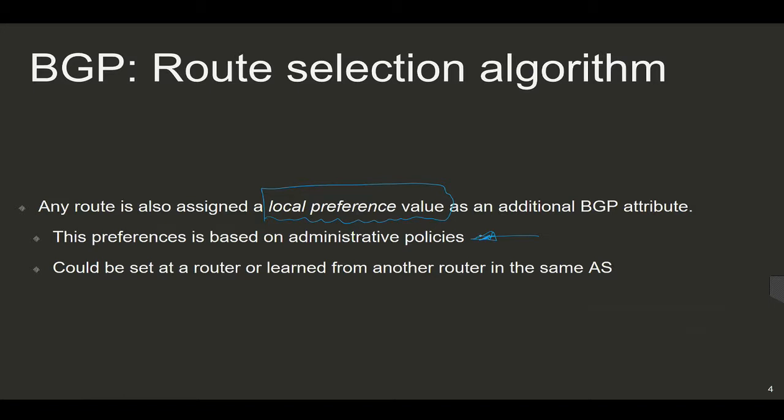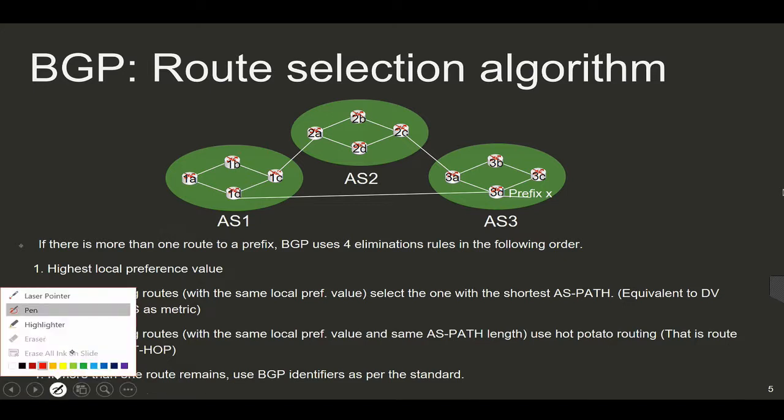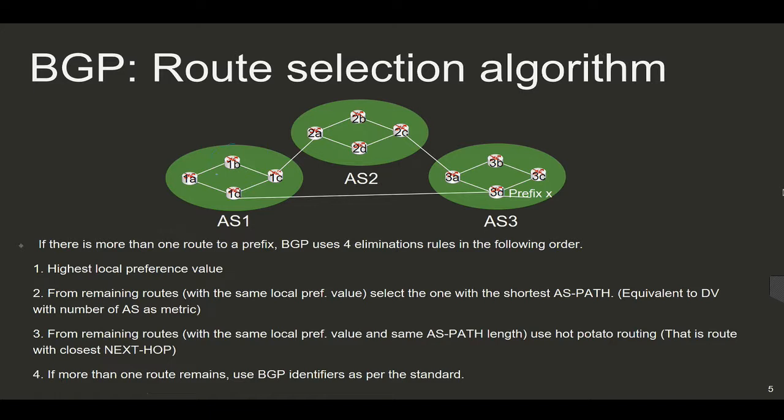And this could also be set by the router, or learned from another router in the same autonomous system. But every BGP route, along with its two attributes, AS path and next hop, is going to have also a local preference value. So how does the actual route selection algorithm work? Remember that our router 1B here has actually multiple routes to its destination, prefix X.